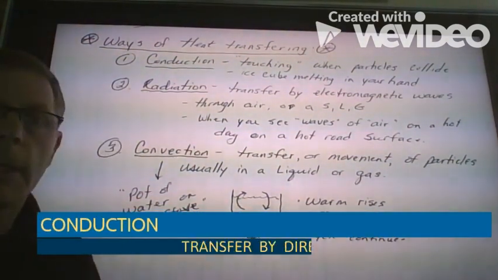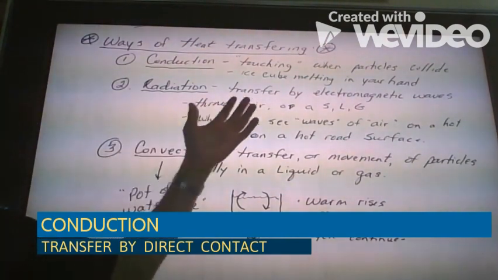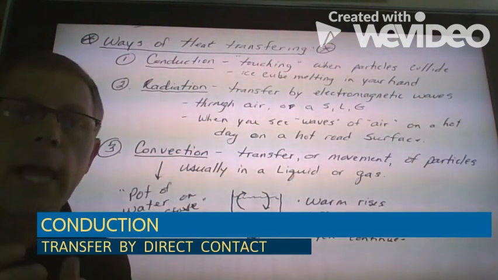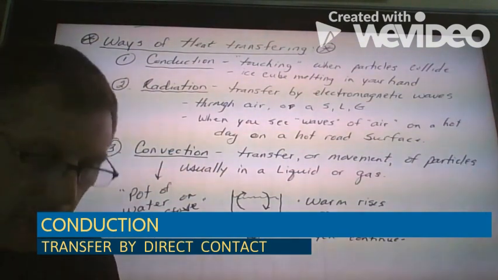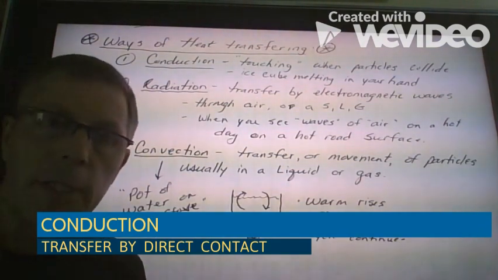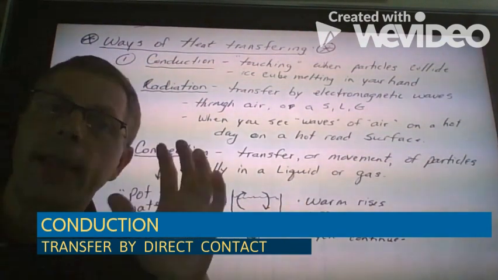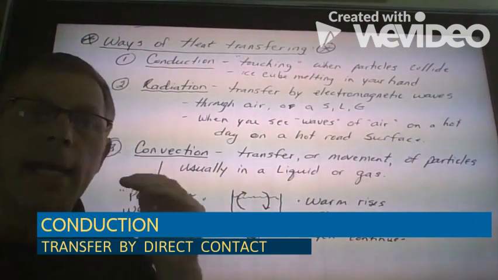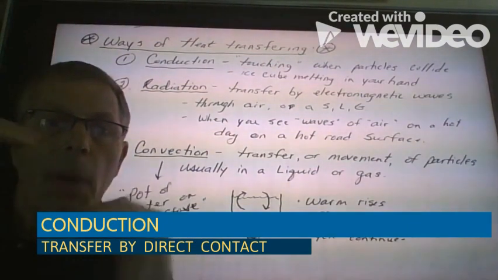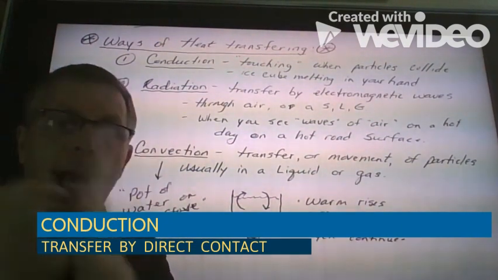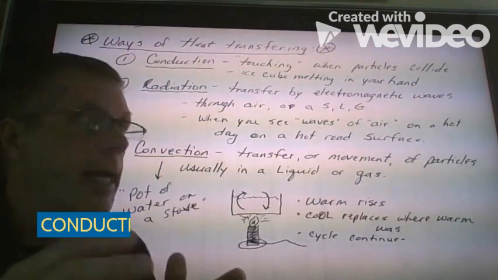By conduction. Conduction is pretty simple. That's touching. When particles collide with one another, they create friction, and friction, we said, creates heat. So the heat that friction is creating is the transfer between the particles as they're rubbing together and touching each other. It's the contact.